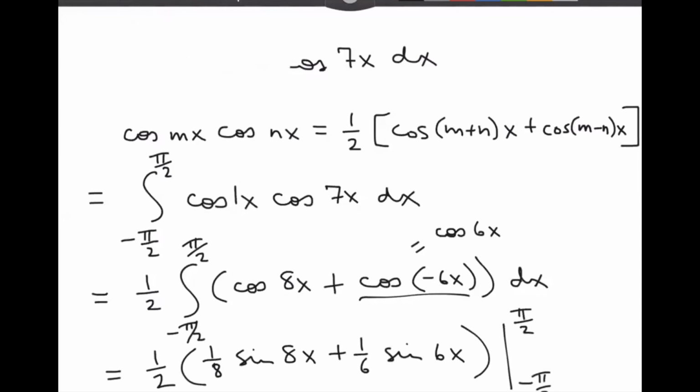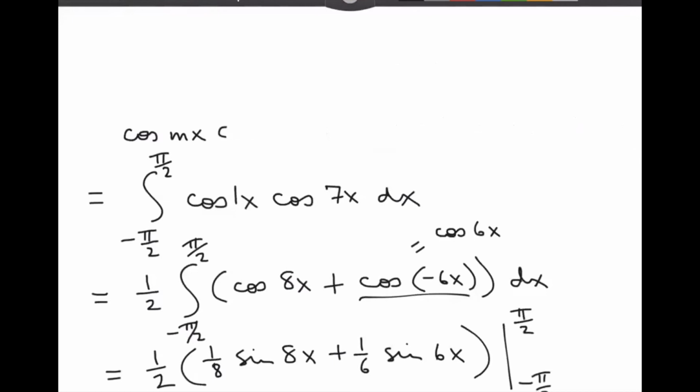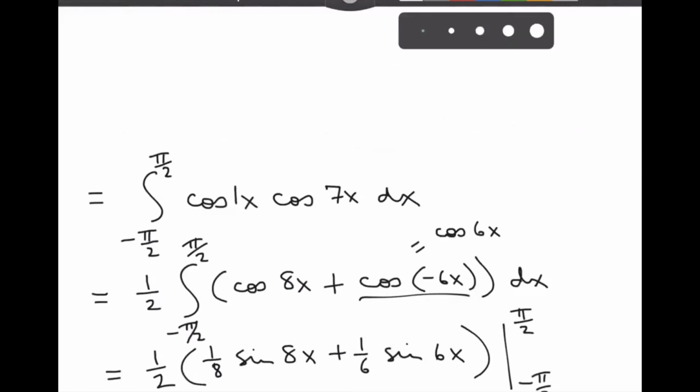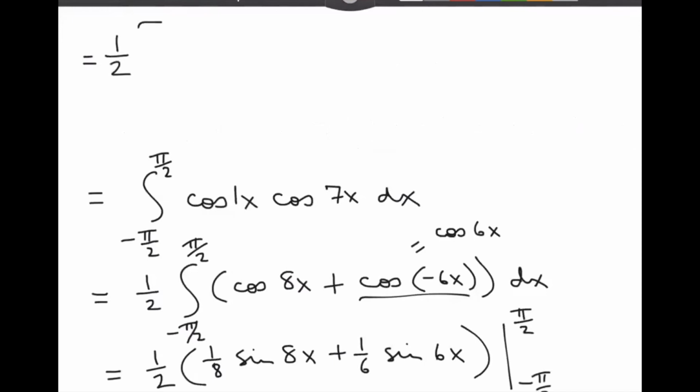And I don't think there's all that much to go. So let's just squeeze this up here. I have a feeling I know how this is going to end up. All right, so we are going to have 1/2. First plug in pi over 2 gives us 1/8 sine of 8 times pi over 2 is 4 pi plus 1/6 sine 6 times pi over 2, which is 3 pi.